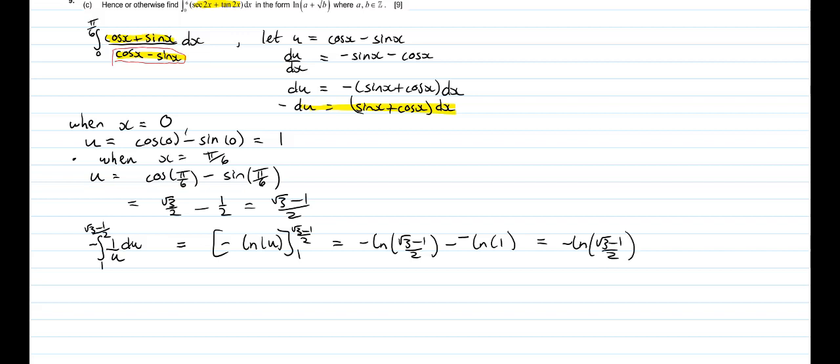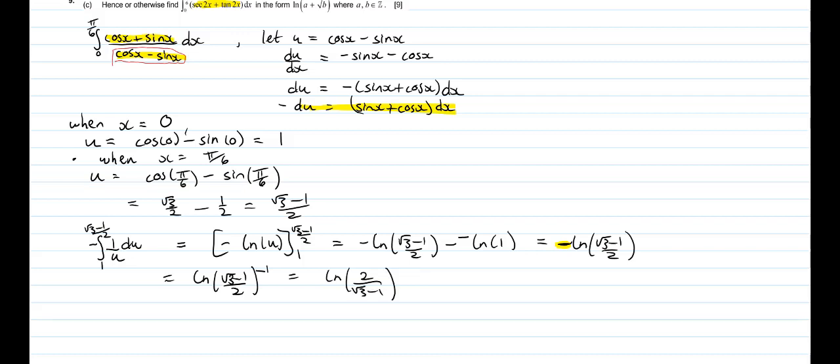Then using the laws of logarithms, we can take this negative and make it a power of -1, so that is equal to natural log of root 3 minus 1 over 2 to the power of -1, which is natural log of 2 over root 3 minus 1.